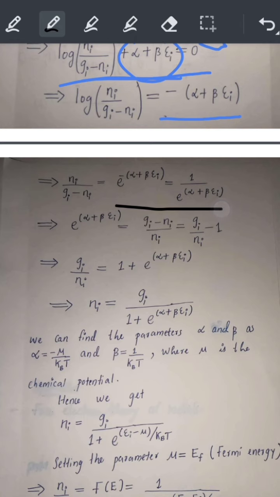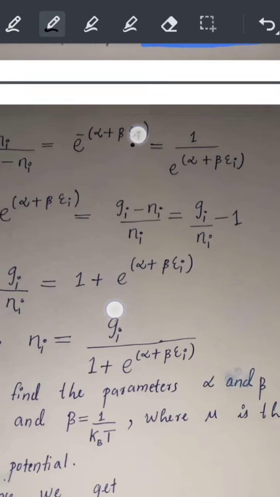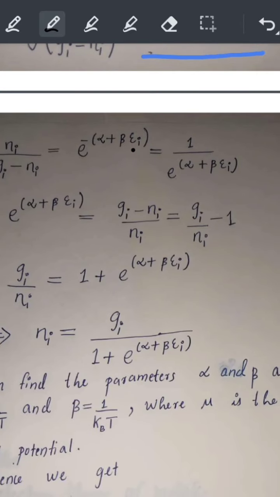From this expression, we can simply write an equation for e to the power alpha plus beta ei. This thing comes to the numerator: we get gi minus ni in the numerator, ni in the denominator, and so we get gi minus ni over ni. If I divide gi minus ni by ni, we get gi over ni minus ni over ni, which is 1.